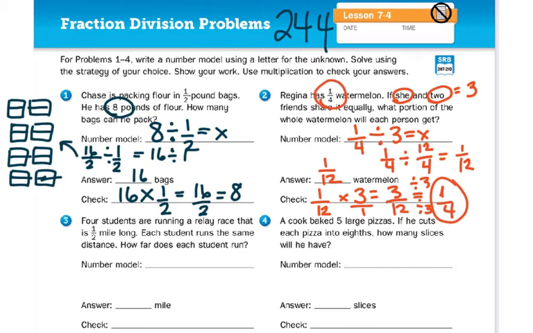Number 3, 4 students are running a relay race that is a half a mile long. 4 students. Each student runs the same distance. How far does each student run? So we're going to take a half a mile divided among 4 runners to see how much they each run.